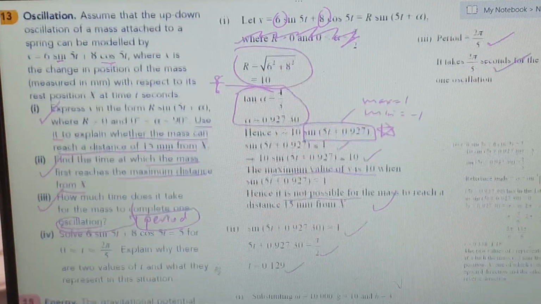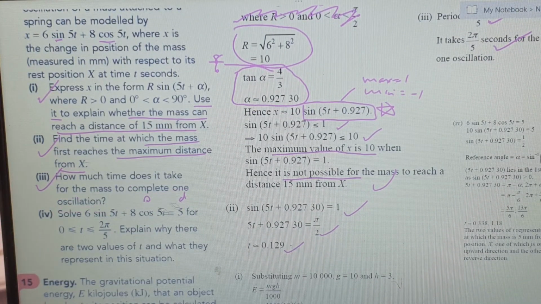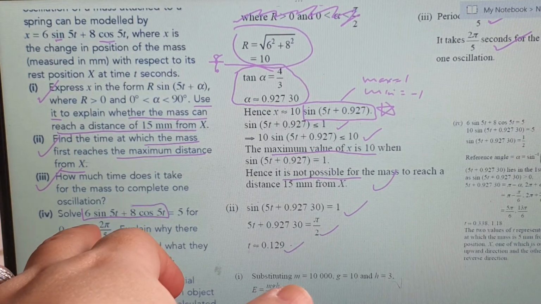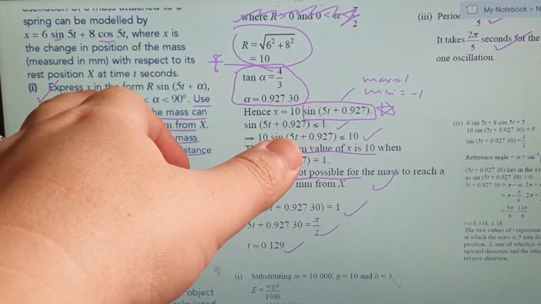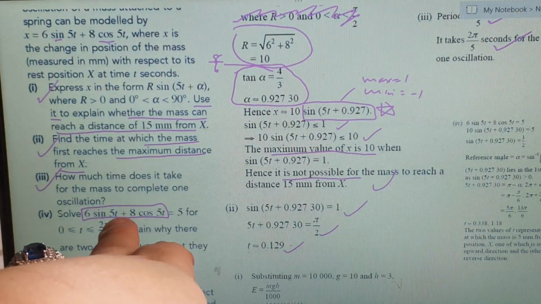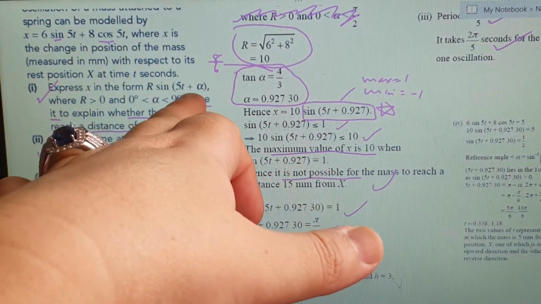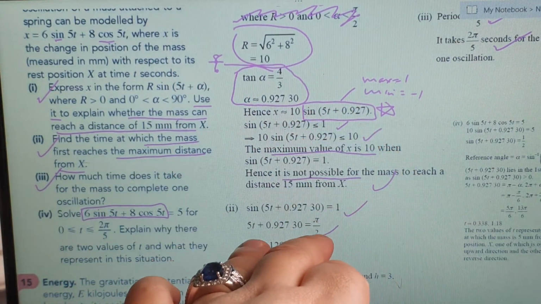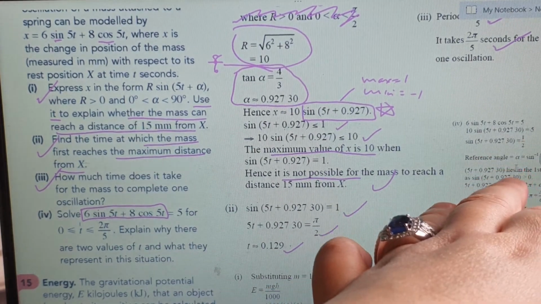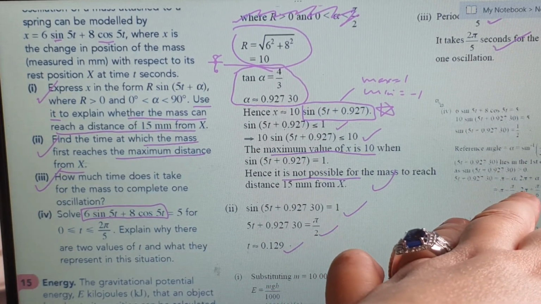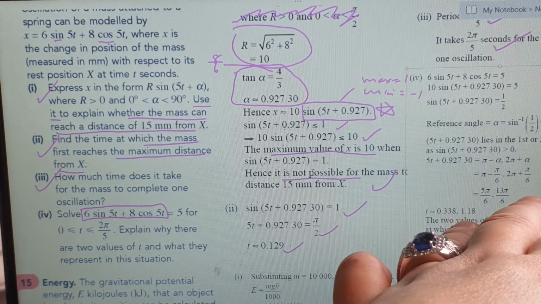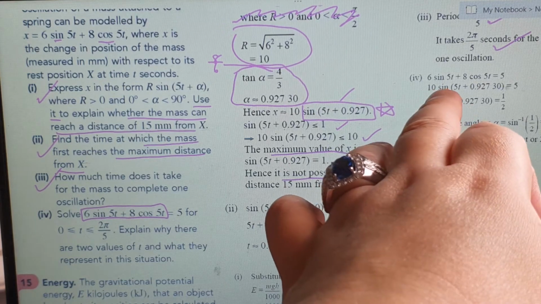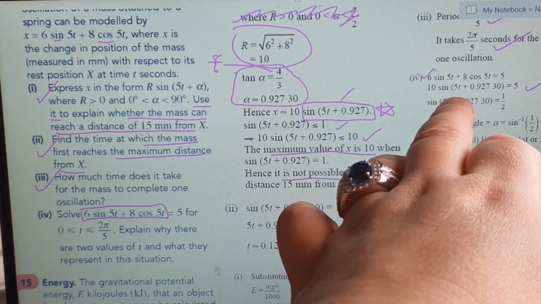Okay, now next, solve this. Now we have already expressed this here. This is this. We have already expressed this in terms of this, which is this. So you just quickly replace it here. Replace this with this.